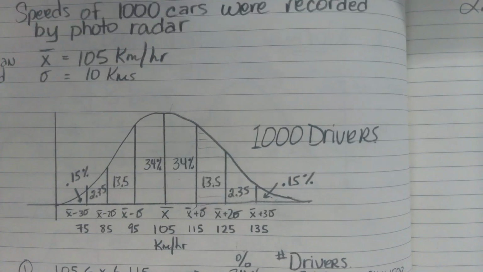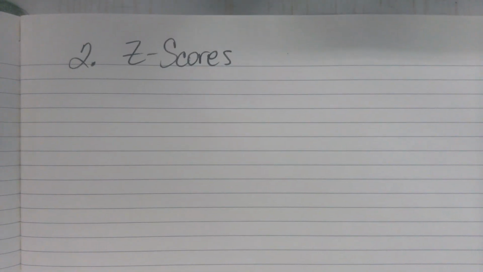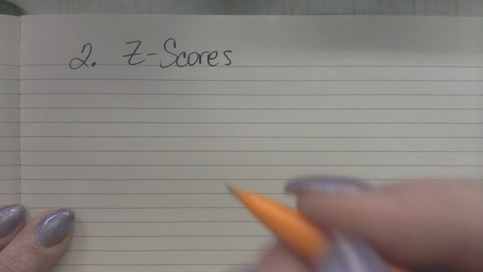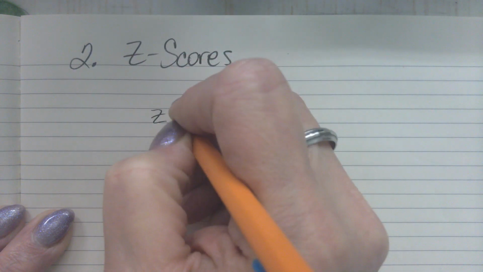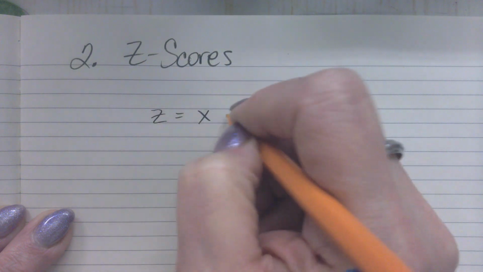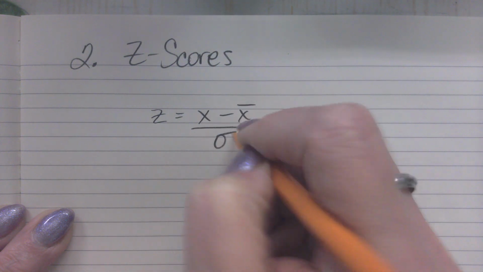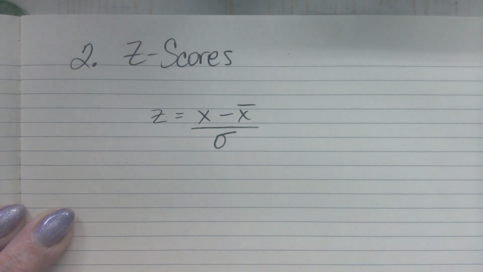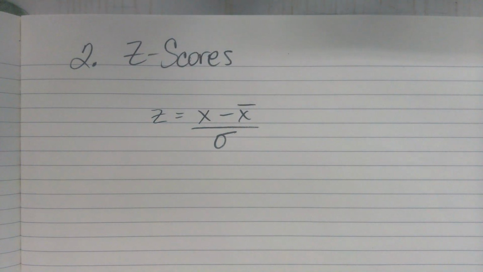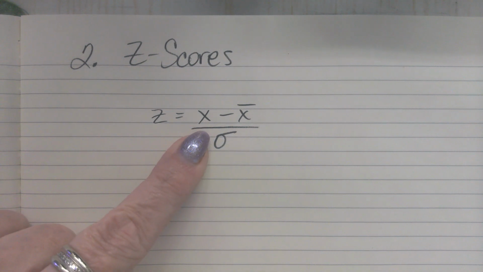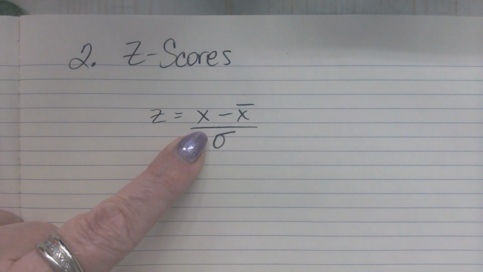So how do I calculate those? I calculate them with a Z-score. The formula for a Z-score looks like this: Z is equal to X minus the mean, divided by the standard deviation. X would represent my 107 kilometers an hour.